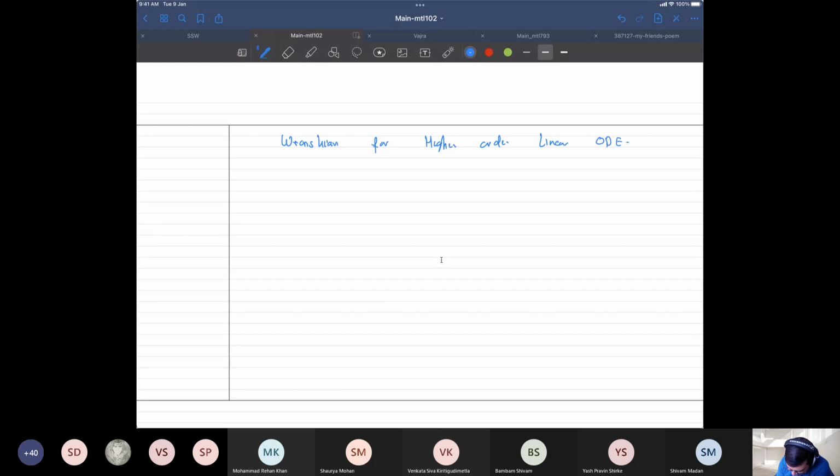So the Wronskian, if you have solutions, let's say x1, x2, ..., xn, then the Wronskian in this case was x1, x1 prime, and so on, up to the nth order derivative of xn.